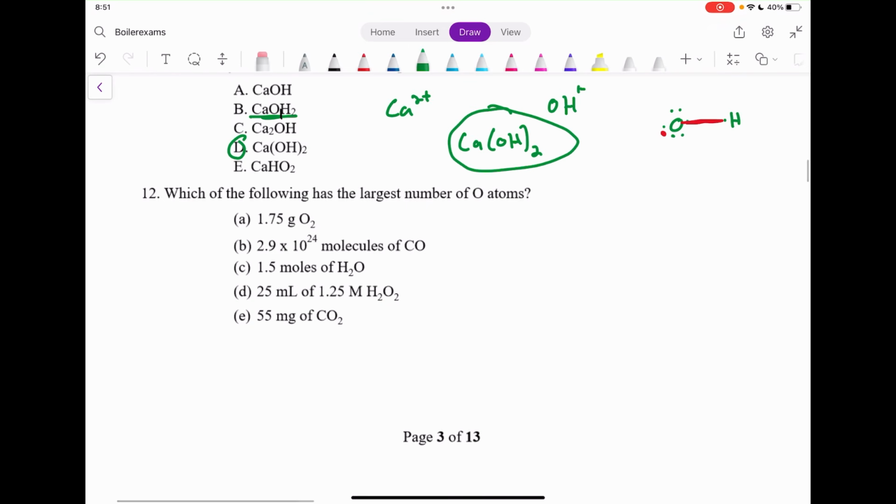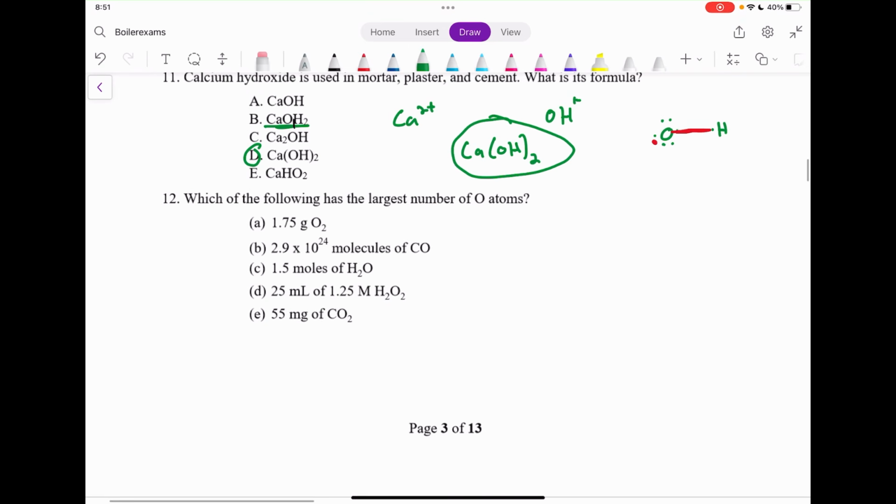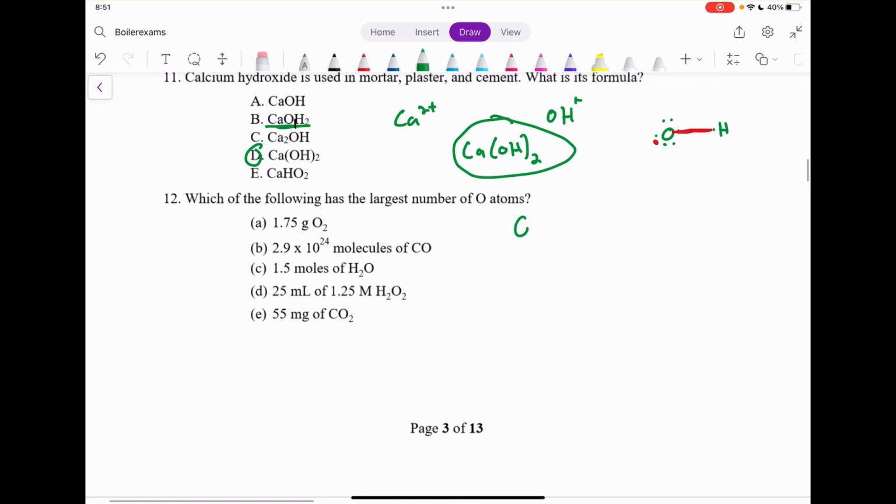12. Which of the following has the largest number of oxygen atoms? Okay, this one is going to take some conversions. We know Avogadro's number is 6.022 times 10 to the 23rd atoms per 1 mole. What else are we going to need?